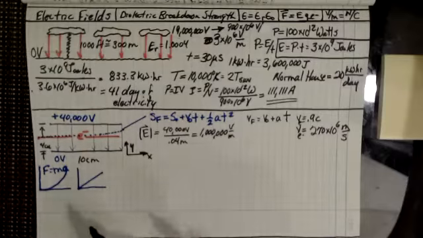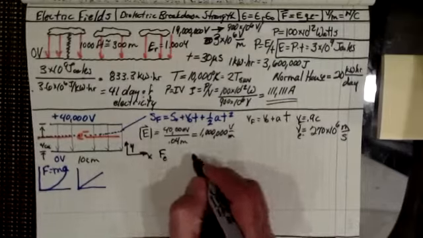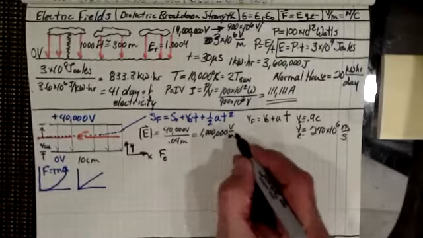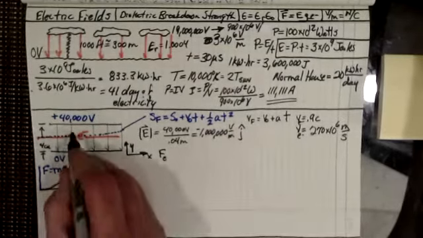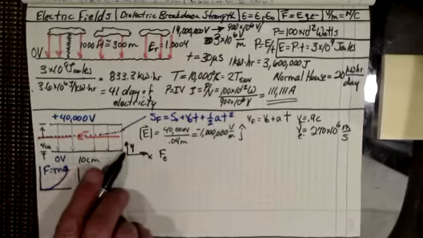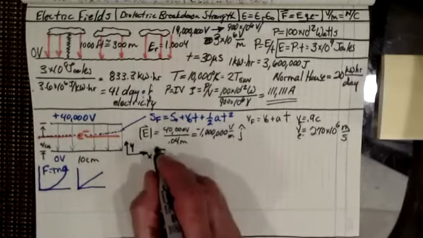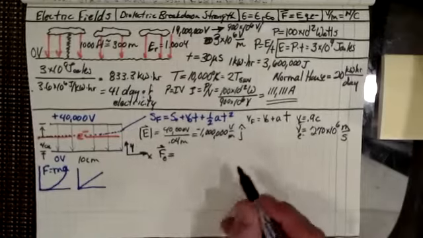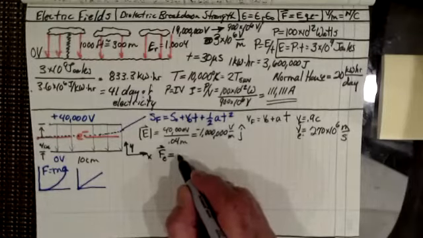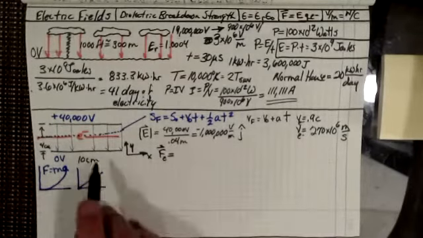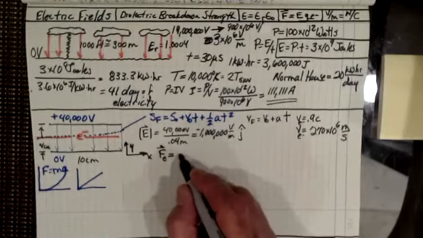Now, we've got 1 million volts per meter. Well, that tells us what the force is going to be on that electron. I could say that that's minus 1 million volts per meter in the j hat direction, because look at the arrows. I've drawn my electric field in that direction. Now, the force on the electron is just going to be the electric field times the charge on the electron.